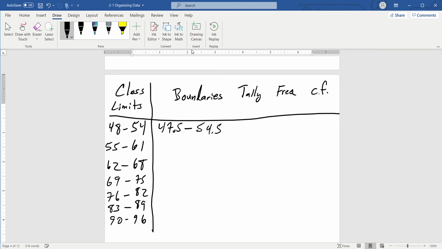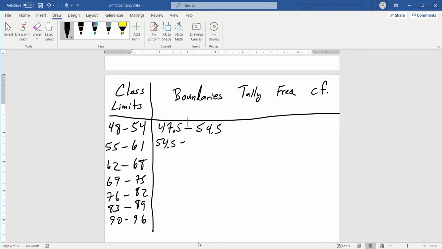Now with these guys, you do have overlap. Well, not really overlap, but you have a handoff. Whatever's the upper is the next lower, and so on and so forth. So I'm going to do this the exact same way, which is I'm going to just worry about the upper all the way through and then fill in the lower. So what you can do here is, again, you can add 7.